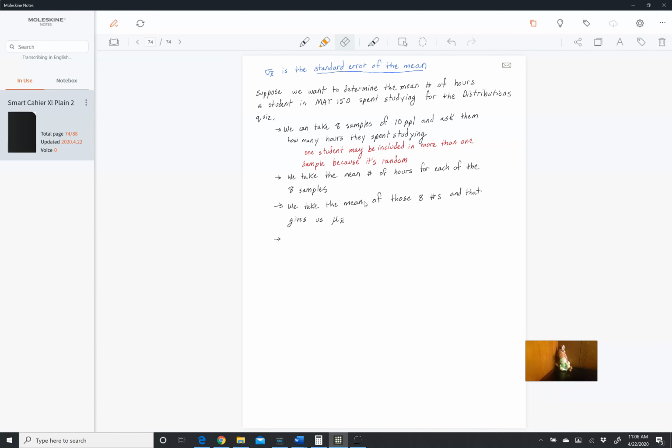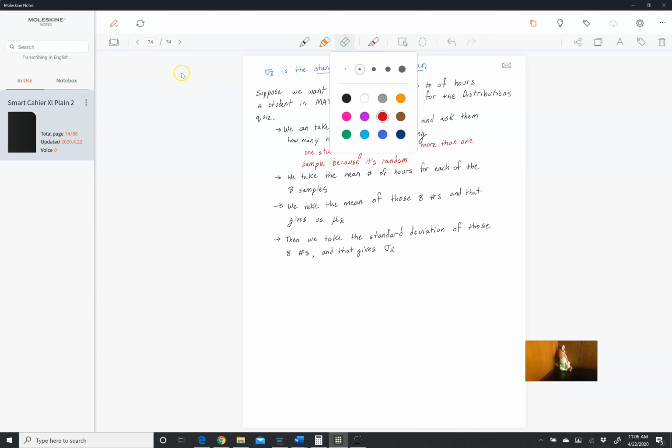Then we take the standard deviation of those 8 numbers. And that would require the chart. And that gives us the sigma x bar. Okay, now these are the 2 big things.